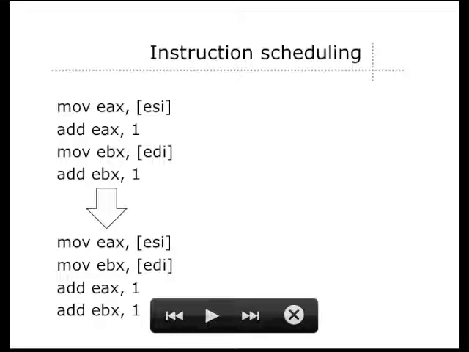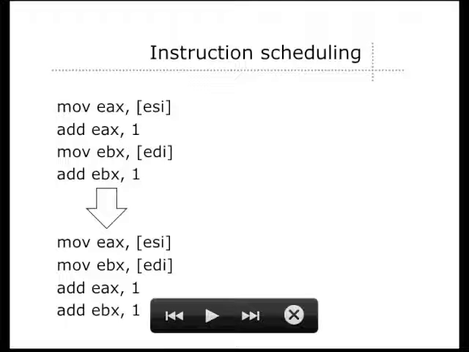Obviously this can be done only if the instructions that you are changing the order of don't depend on each other. Like if you need the first instruction to calculate something and then use it in the second instruction, there's no way around it. You have to do the first instruction first. But if you're computing two things that are not dependent on each other, then you can do that in any order you want.